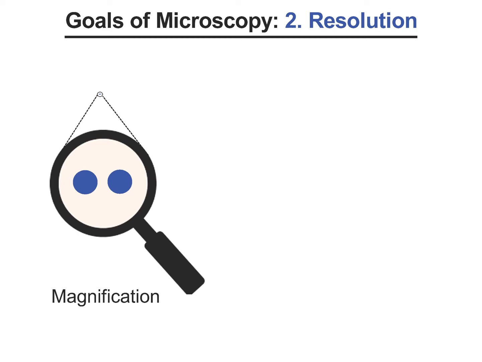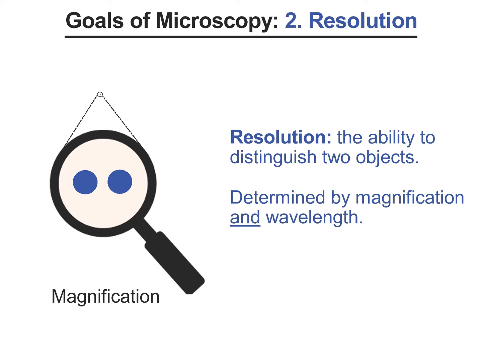In other words, with magnification, we have increased our resolution. Resolution is the ability to distinguish 2 objects from one another. But resolution not only depends on magnification, but also the wavelengths of light.